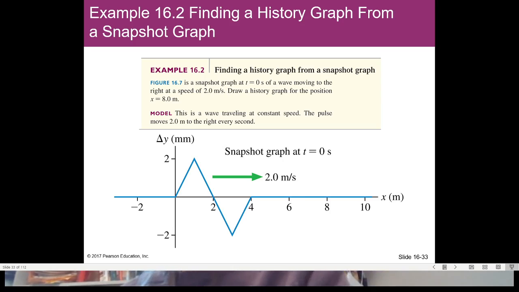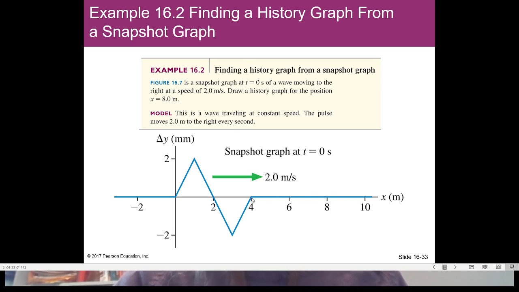All right, so this is a snapshot graph at t equals 0, and we want to get a history graph. If I'm interested in a history graph for the position x equals 8, then it's going to be 0 until something gets up to here.